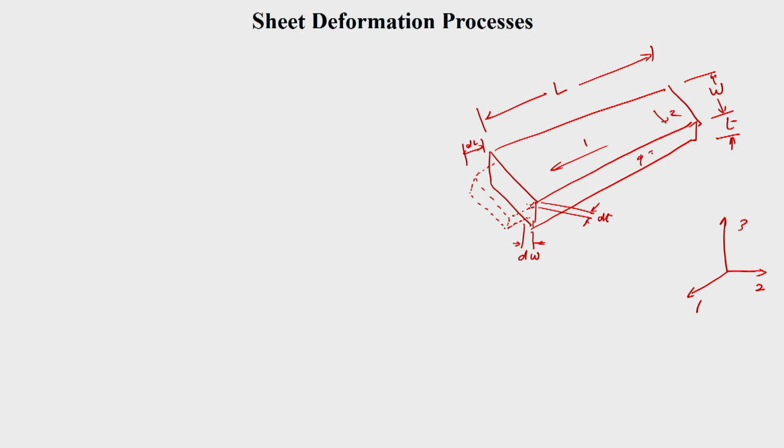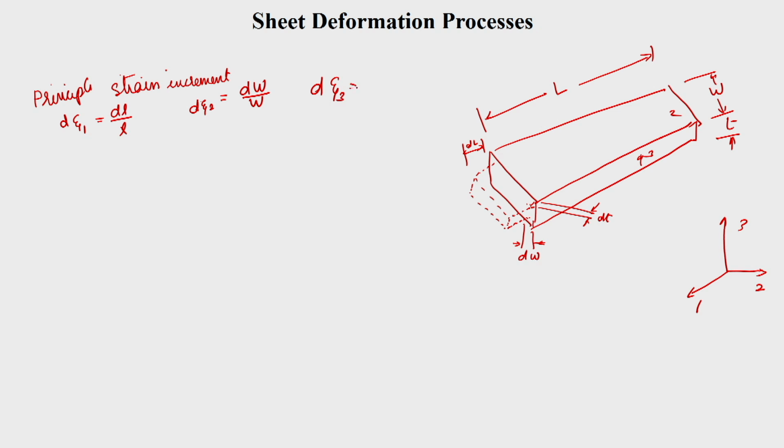With respect to this coordinate system, let us consider the principal strain increments in all the directions. d epsilon 1 along direction 1 is dL by L, d epsilon 2 is equal to dW by W, and d epsilon 3 is equal to dT by T. This is the basic definition.